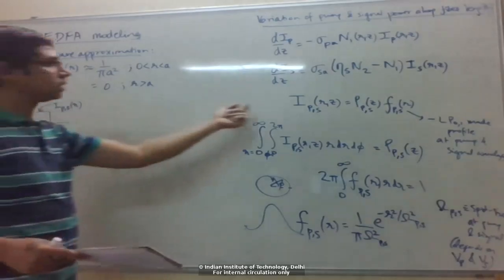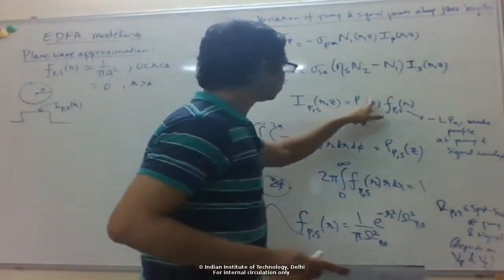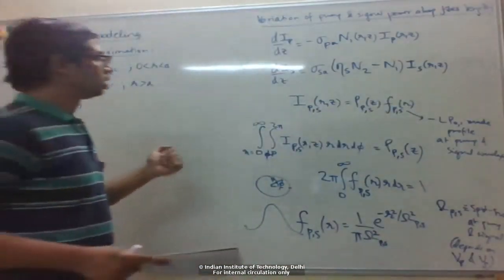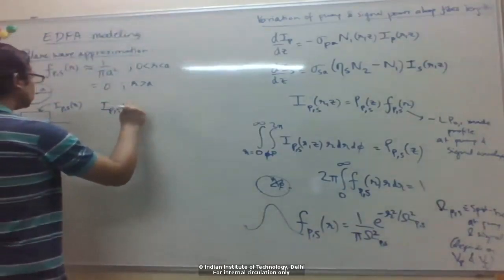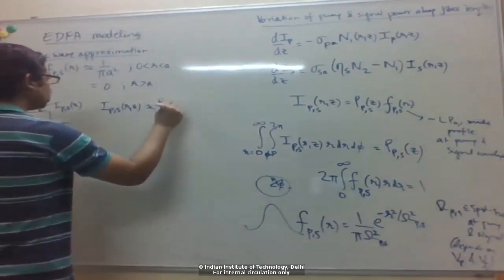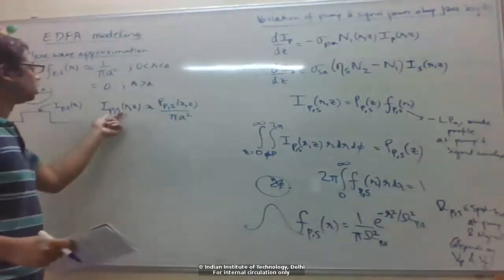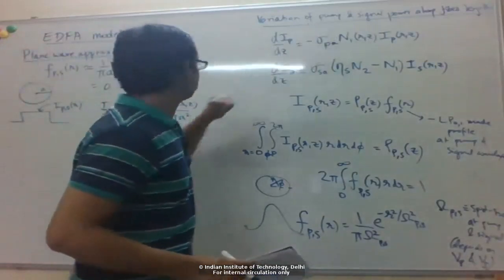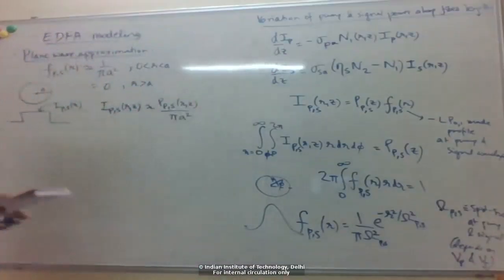Now if we substitute this approximation for the intensity, you can see that I_P just depends on z, because this is now a constant. There is no r dependence. If we plug in this expression for I_P and I_S here, we get basically the same equations. This constant will cancel out, giving the same equation in terms of the power instead of the intensity.